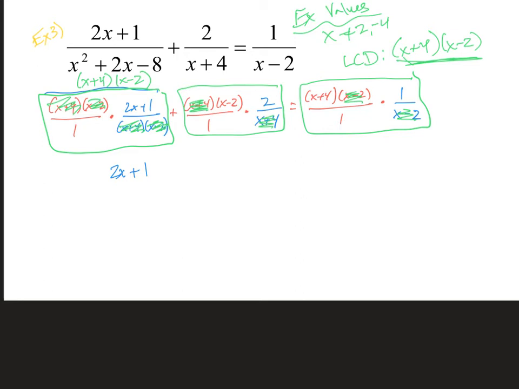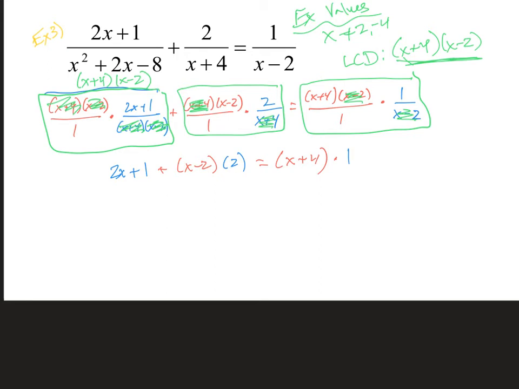Plus, in red, I have an x minus 2. That's the factor of the least common denominator that stays. And then I have the numerator of my original, which is 2, and that is equal to the x plus 4 of my least common denominator that stayed, that didn't divide out, times my 1 in the numerator, okay? And again, all I now have to do is solve it, okay?